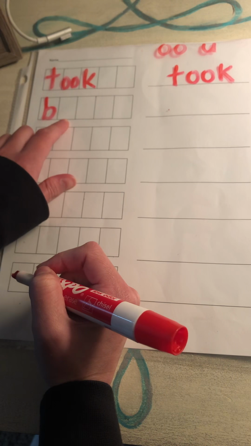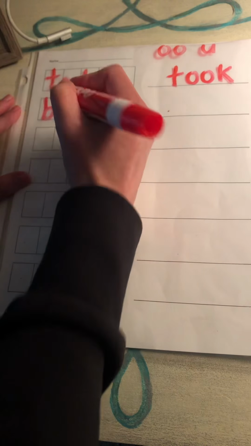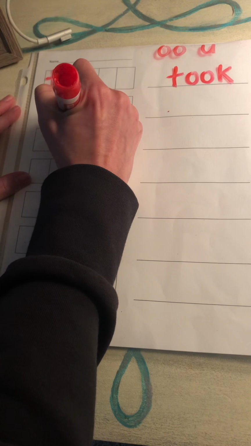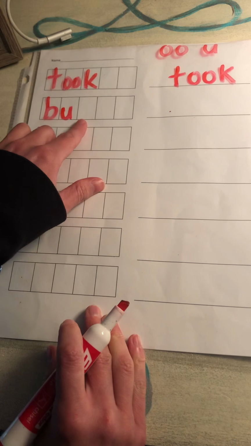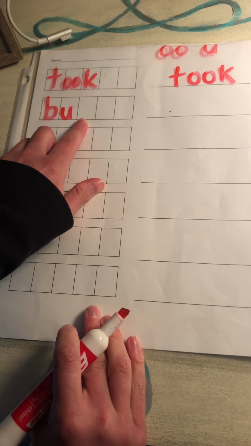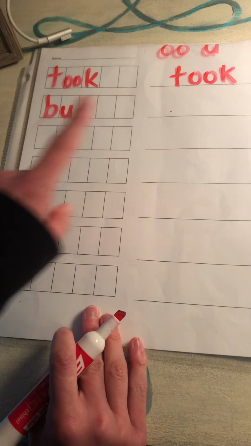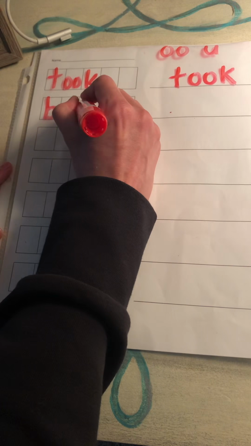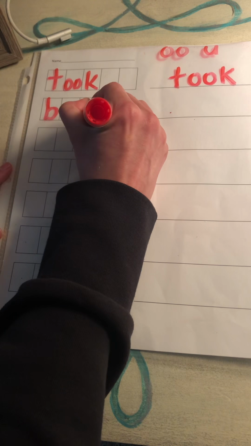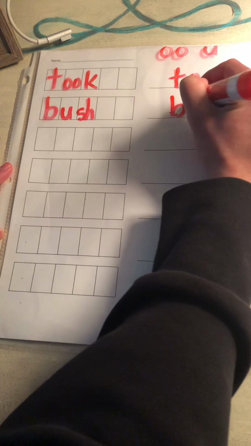In the word bush, it is spelled U. And then sh. And I know sh is a digraph because it's 2 letters put together to make one sound. S-H. Bush. You may write it on the line.